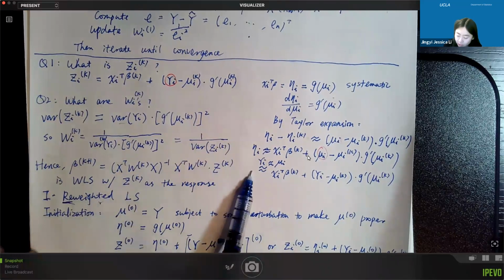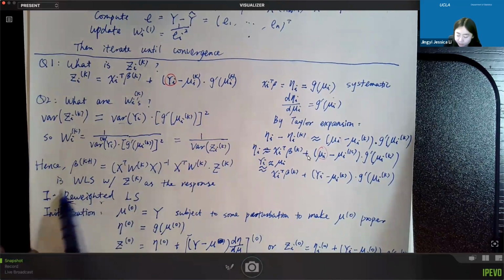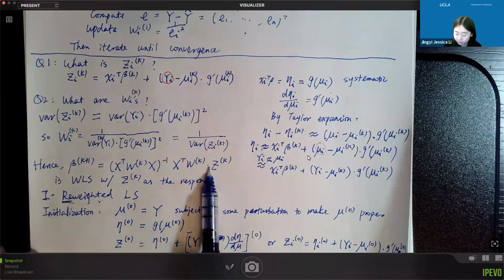And why do we call it iterative reweighted least square? The reweighted means that in each iteration, the weights need to be recomputed. So we have a new set of weights for the new zk.